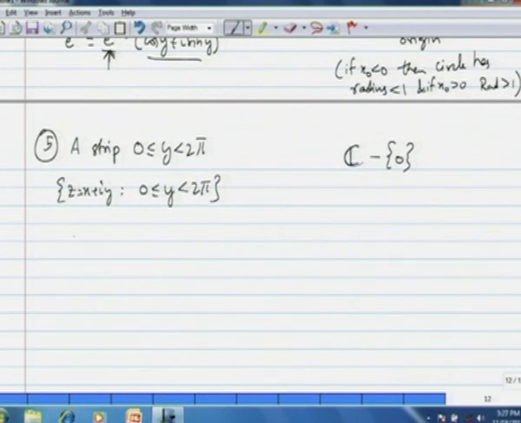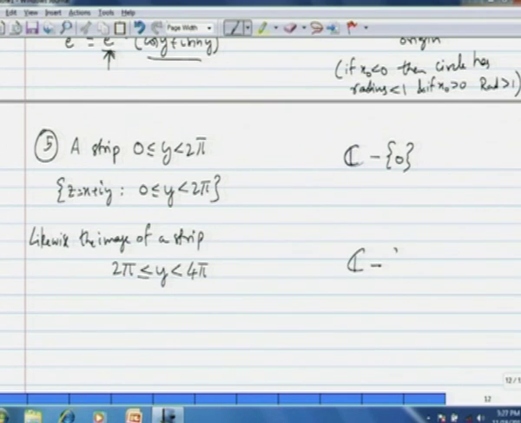Likewise, the image of the strip 2 pi less than or equal to y strictly less than 4 pi is also all the complex numbers minus 0.